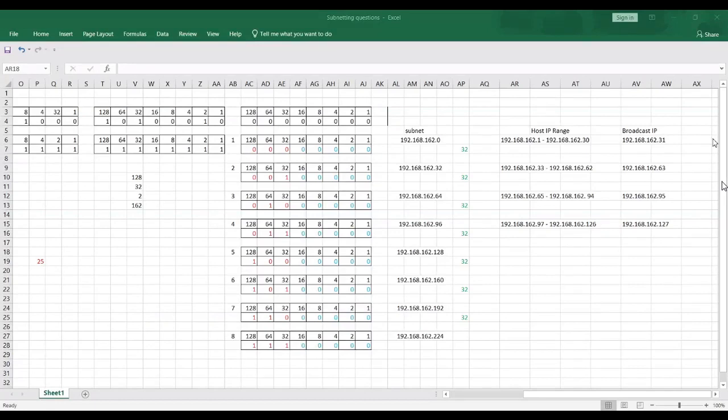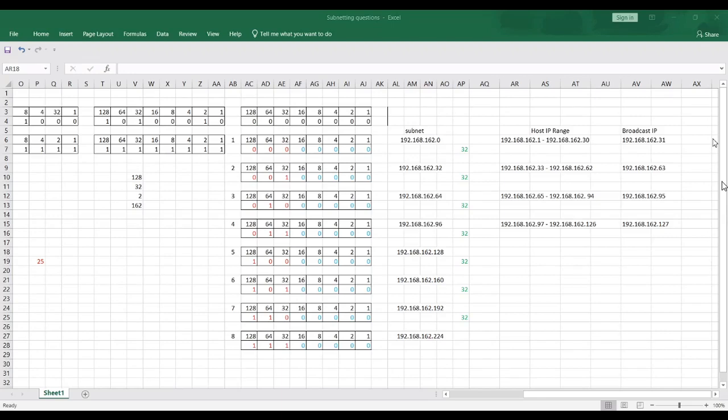Why? Because if you have chosen the 10 range, 24 bits are available for the host side, right? So 2 to the power 24 means a big number of addresses. If you are not utilizing those addresses for your requirement, then you are wasting IP addresses within your organization, and it will also be vulnerable to certain security issues.